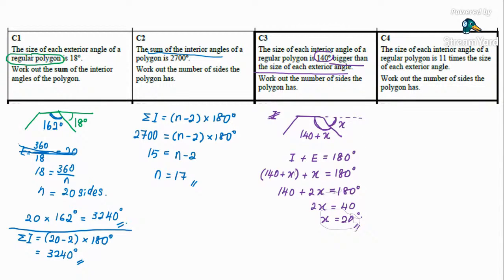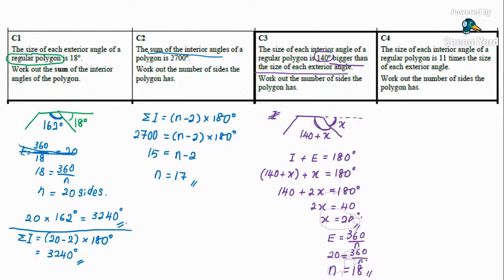But the question is asking for the number of sides of the polygon, so I need to use the formula for exterior angle, 360 over n. So 360 over n equals 20. Therefore, n equals 18.